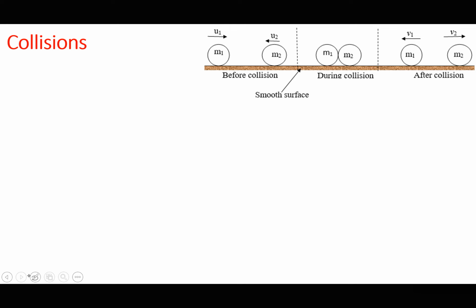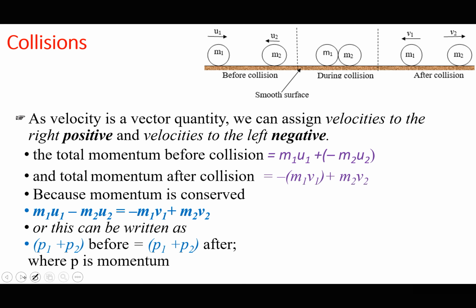So let's consider this situation where two particles collide as shown in this diagram. In this case, after the collision, they move away from each other. Let's say they bounce off each other and move in opposite directions. Do not forget that velocity is a vector quantity, so we are going to assign velocities to the right positive and velocities to the left negative.